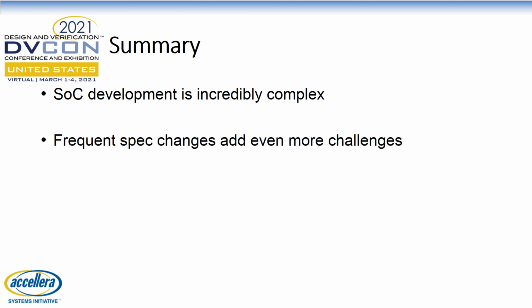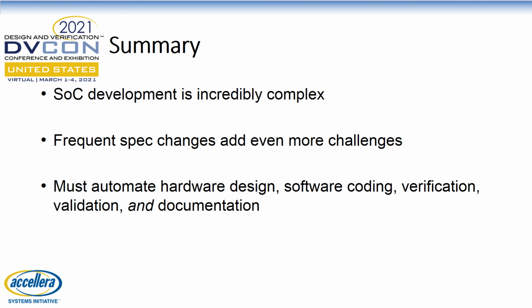Again, spec changes are a major portion of this problem. It's not just a one-time problem. As you do the initial coding of the design, every time the spec changes, the ripple effects and the waterfall effect cause additional problems. So the only answer is to automate the hardware design, software coding, verification, validation, and documentation.